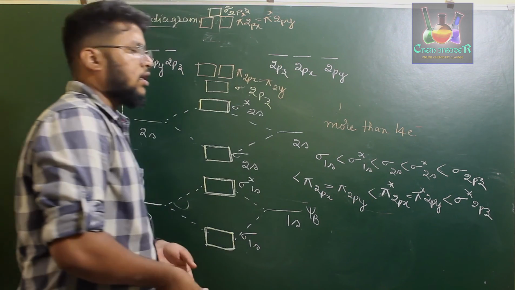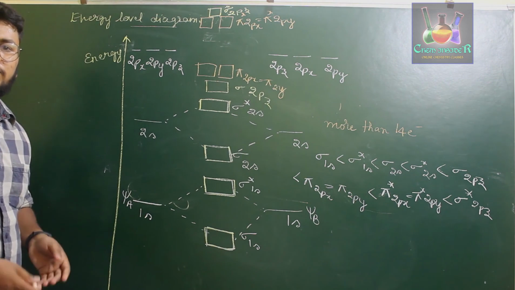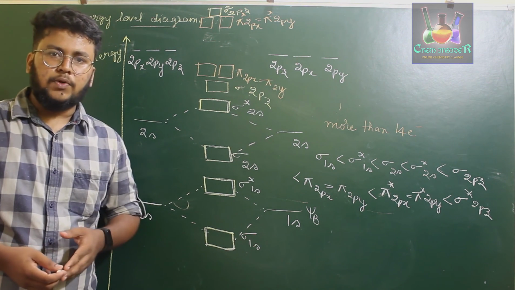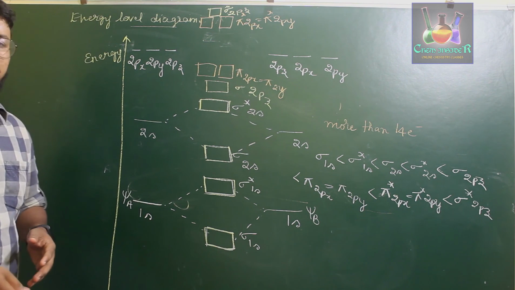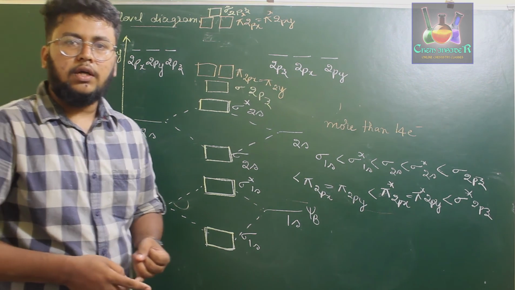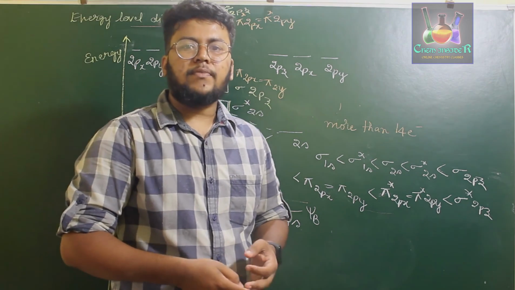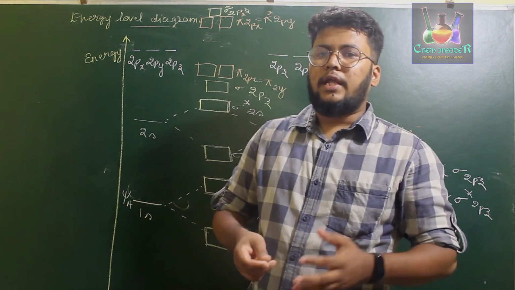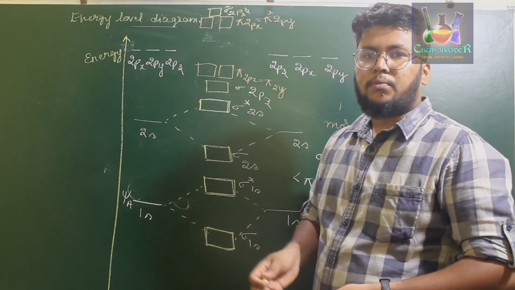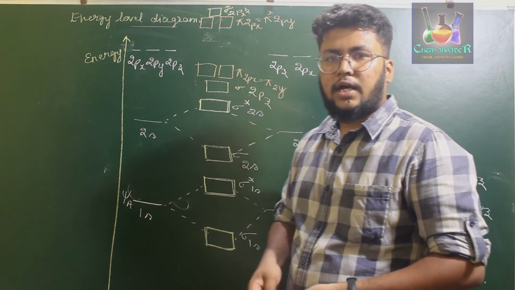So this is about the energy level diagrams of homonuclear diatomic molecules. In the next video, we'll be discussing the electronic configuration of the molecules, bond order, the nature of the bonds formed, and also the bond length and electronic configuration of molecular orbitals depending upon their energy level diagram.